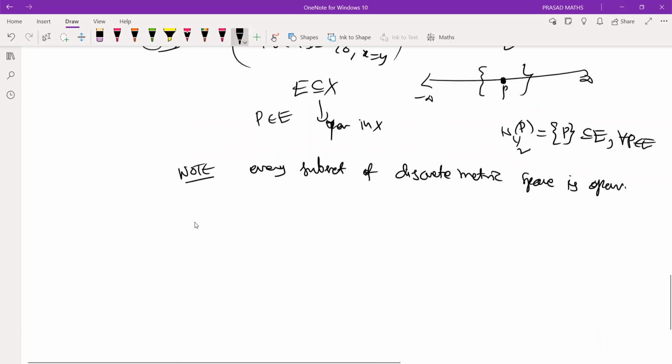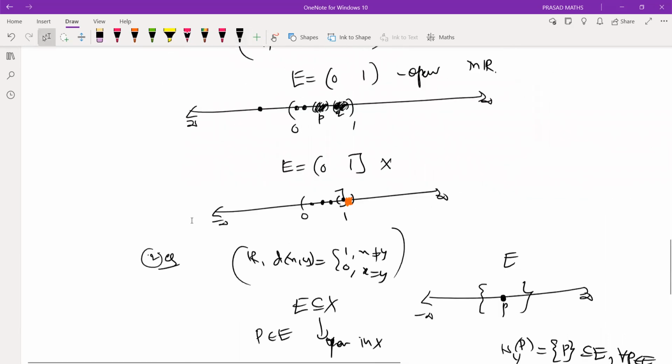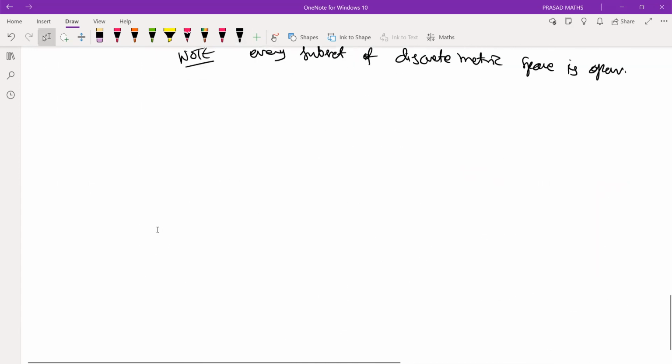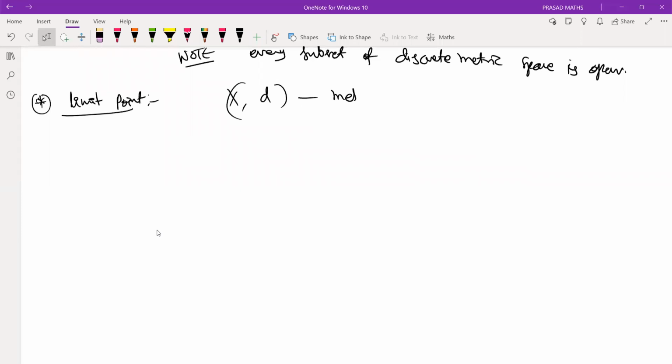Next is limit point. Suppose you start with a metric space X, and again E is a subset of X. You take a point which is not necessarily in E, it is a point of X. A point which is in X, need not be in E. It is a point of X, that's it.